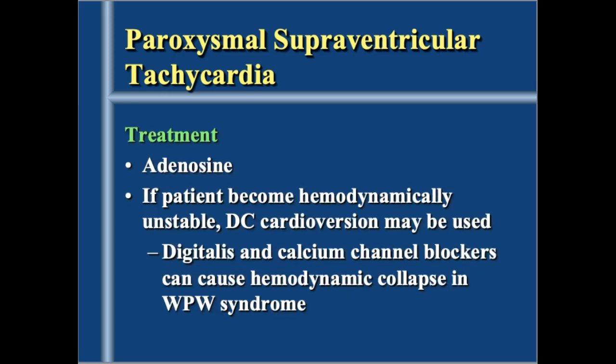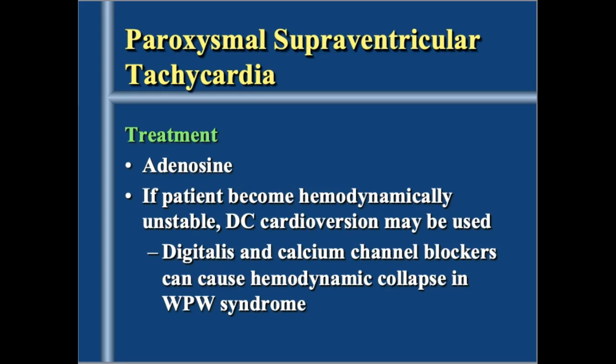Adenosine is the drug that you're going to give for paroxysmal supraventricular tachycardia, also called narrow complex tachycardia. The goal is to basically stop the heart, all those abnormal ectopic areas of the atria that are causing beats to be conducted and causing that tachycardia. You want to stop them so the SA node can take over.